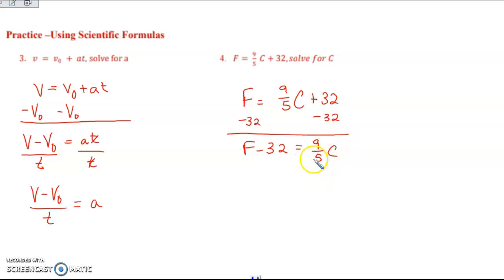I have this fraction, so I'm going to multiply by its reciprocal. So that cancels out.